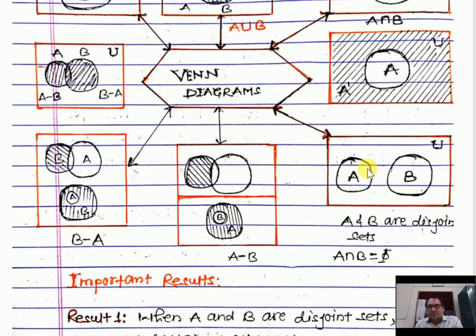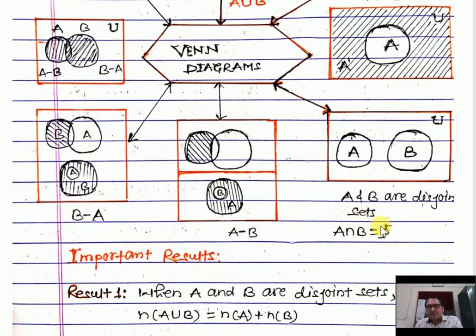Okay. Now next one, disjoint sets. Disjoint set means intersection of A and B equal to phi, no elements. So no elements common, so you will not shade anything. Now A minus B. A minus B means what?